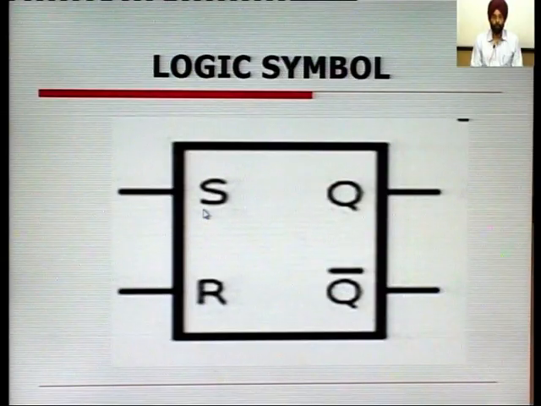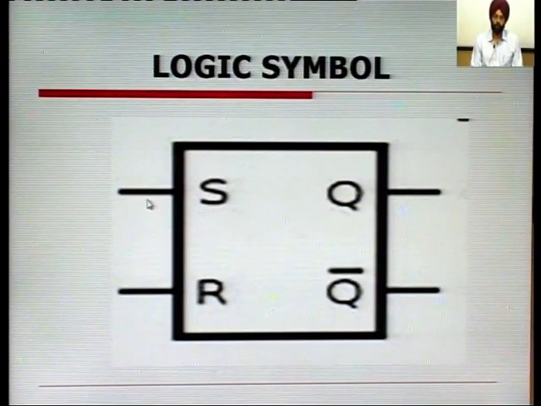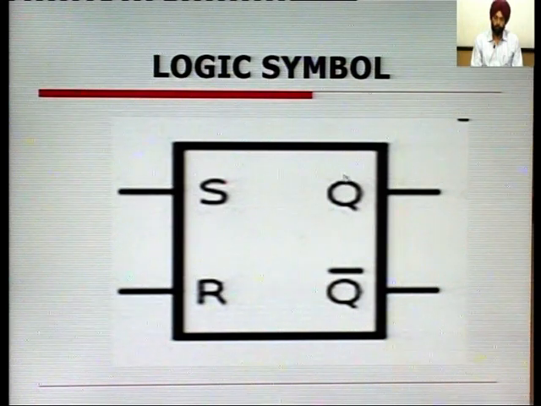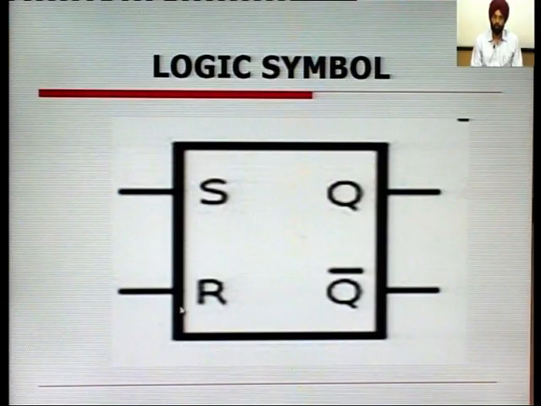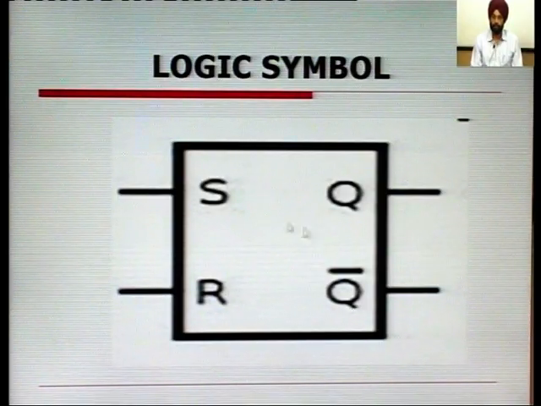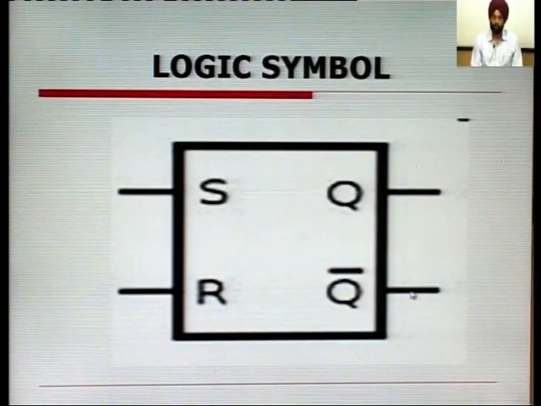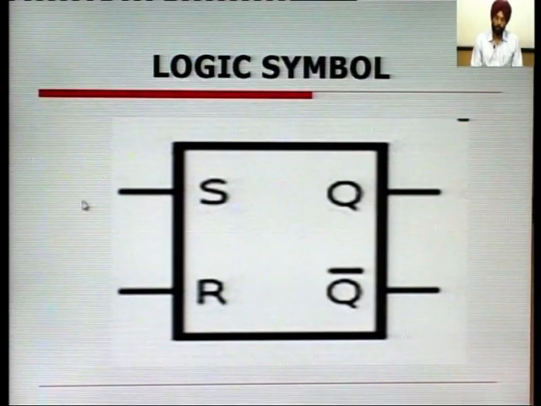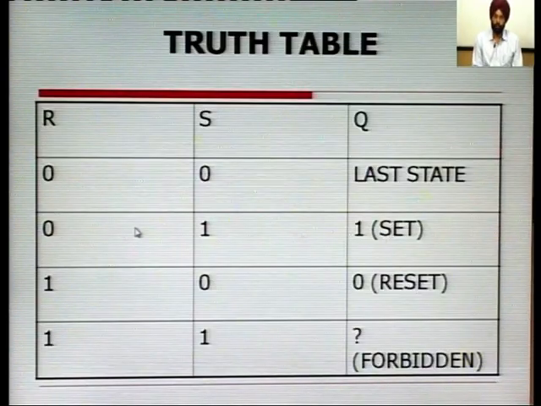Any high input at the S input will take the flip-flop into the set state, and any high input on the R input will carry the flip-flop into the reset state. Reset state means the Q bar output is 1 and Q output is 0.